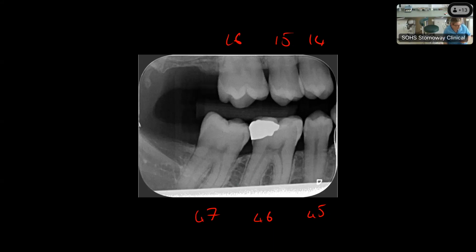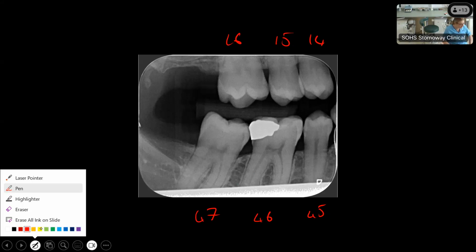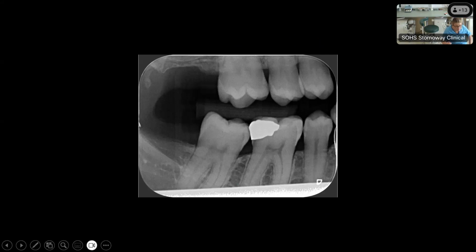What about pathology? The widening of the PDL. Is there widening of the PDL on the 46, 47? Yes, there is a bit, particularly there, maybe a bit there.